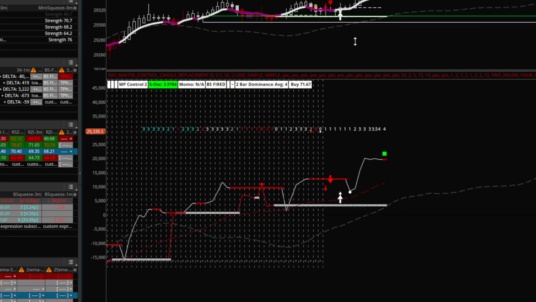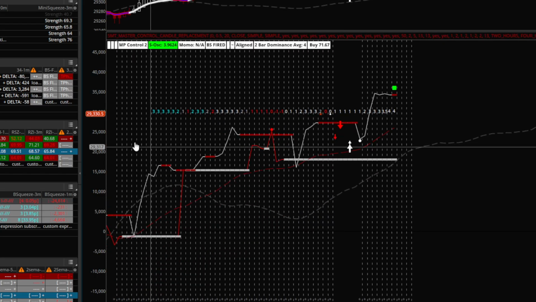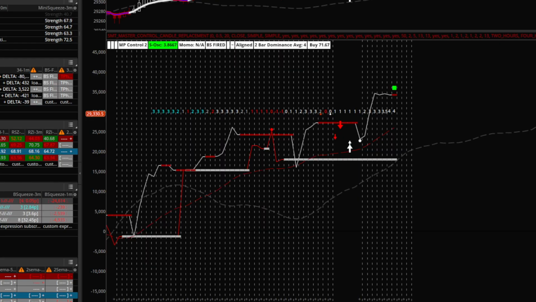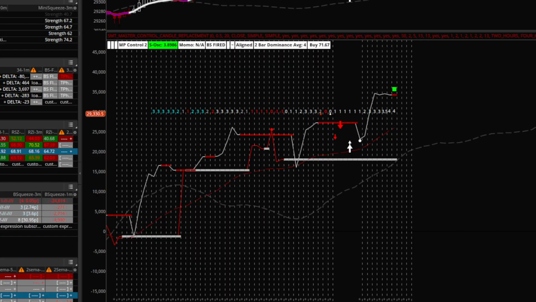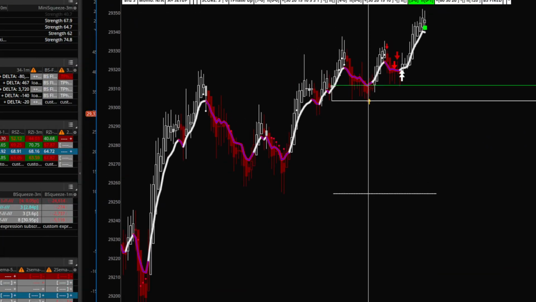And of course, if I bring up the world's most accurate indicator, let me pull up another chart, put it on the 1 minute, and bring the world's most accurate indicator over on this chart.